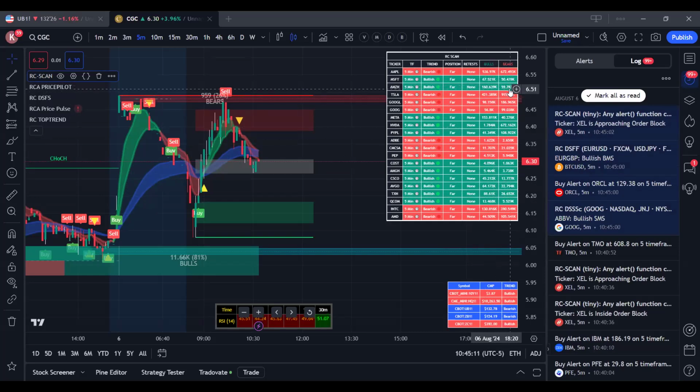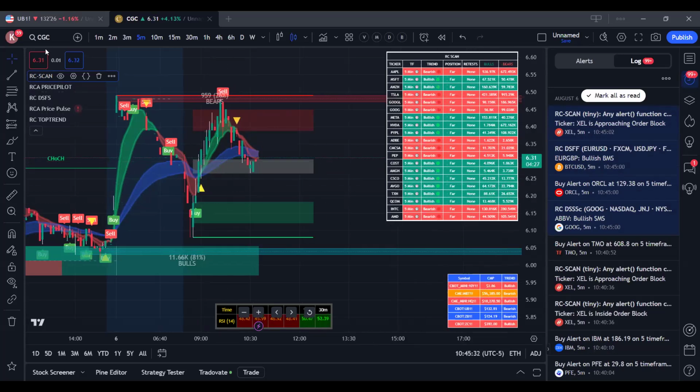You have nearly 60,000 sellers, 160,000 buyers. Nvidia is also looking very bullish. 672 sellers, 1.8 million buyers. Ucom is looking good. AVGO is looking good.